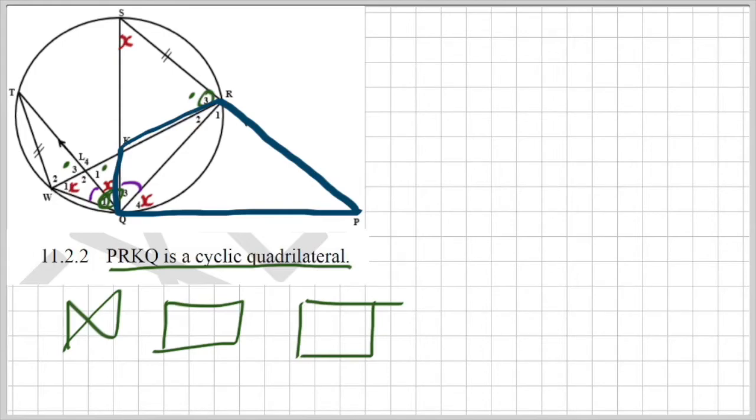Theorem 4's converse, which says that angle must be that angle. I've got theorem 5's converse, which says that plus that must give me 180. Or I've got theorem 6's converse, which says the exterior angle must be equal to the interior opposite angle.